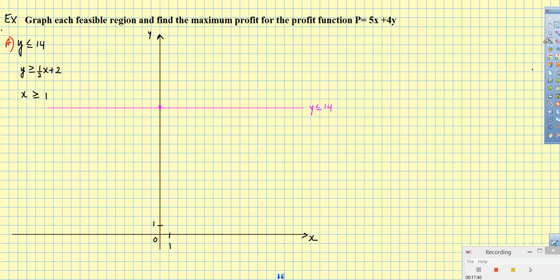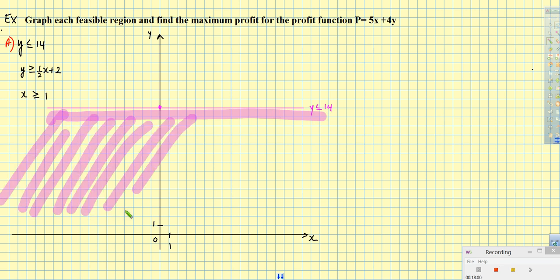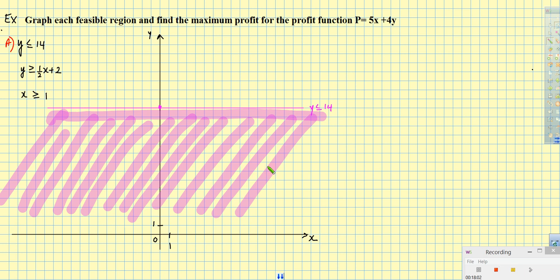Less than or equal to 14 means that I'm going to shade all under here. There's my less than or equal to 14.